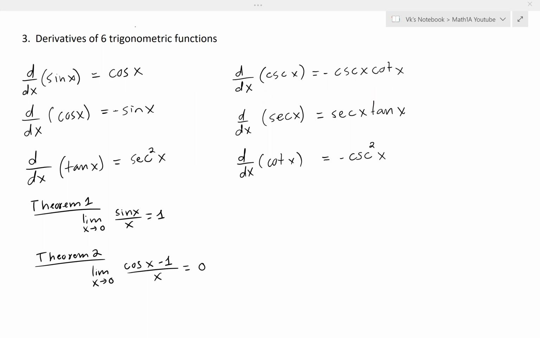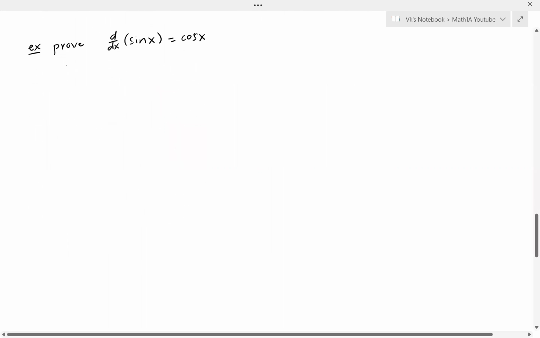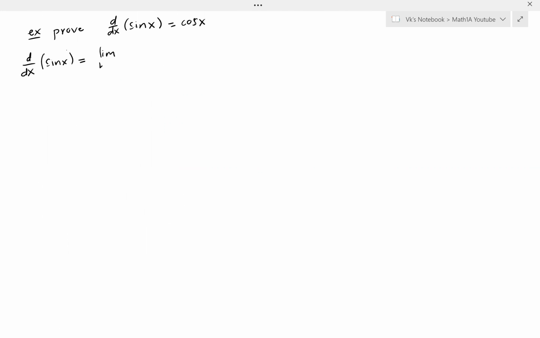Okay, let's do the first example. Prove that derivative of sine x is cosine x. Derivative of sine x is limit as h goes to 0 of sine of x plus h minus sine x over h. From here, we use the sum of two angles formula.